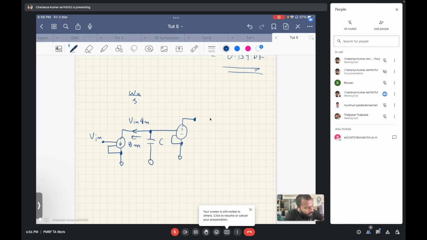Since this impedance is infinite, all the current will flow through this capacitor. So the voltage over here will be minus V in times GM by SC. And since this is a VCVS, we will have its voltage gain as 1.